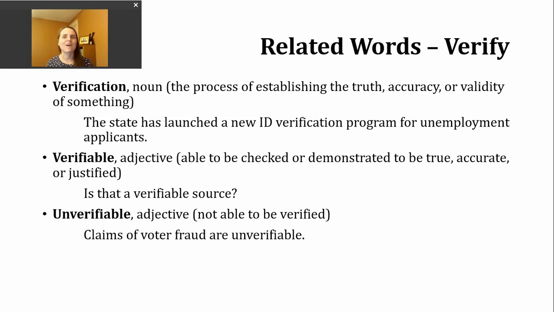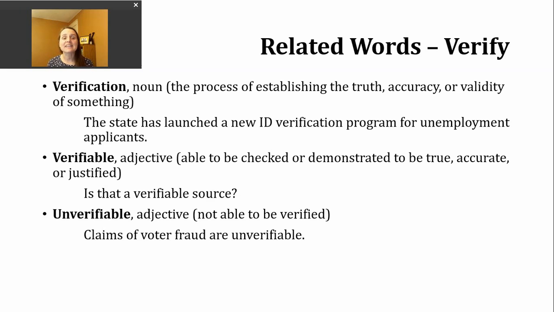And I saw a reference to this in a news article where a state was talking about how to speed up the process. So they created a way to be able to establish the validity of a person's identity and their claim for unemployment.